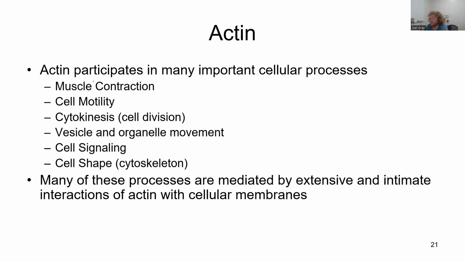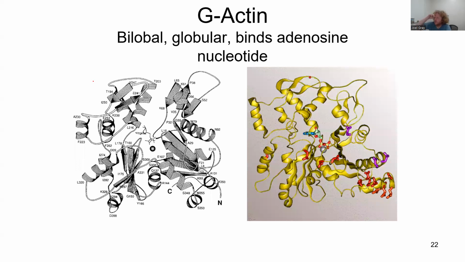So this is a protein that does a lot of things, a lot of what I would describe as gross things, major movements. Actin's going to be involved, major changes for a cell, actin's going to be involved.